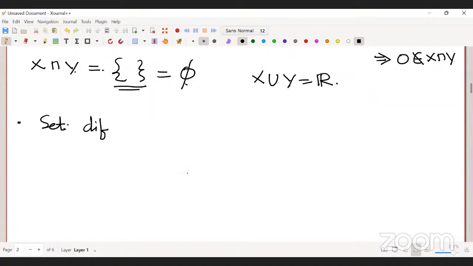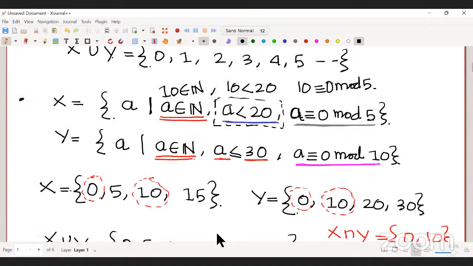Do you want me to write it like this: A mod 5 is 0?